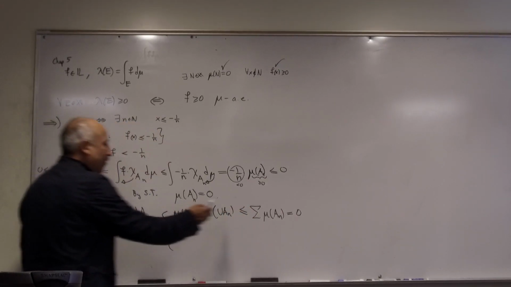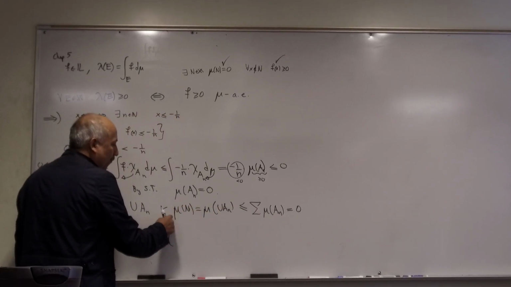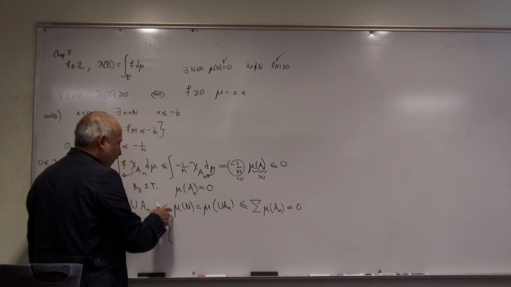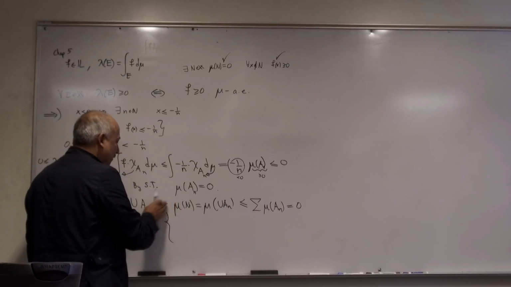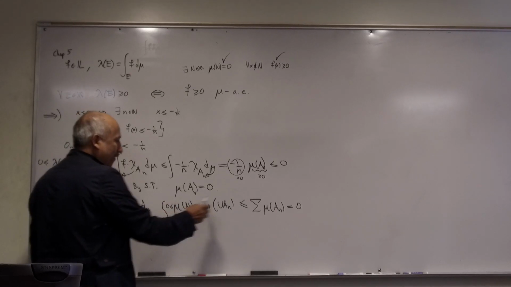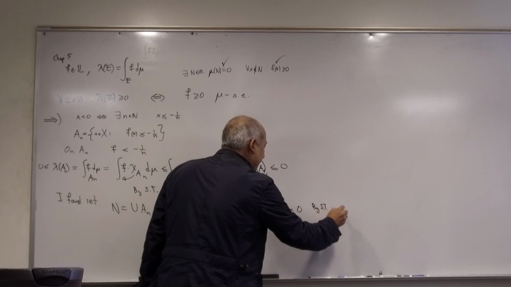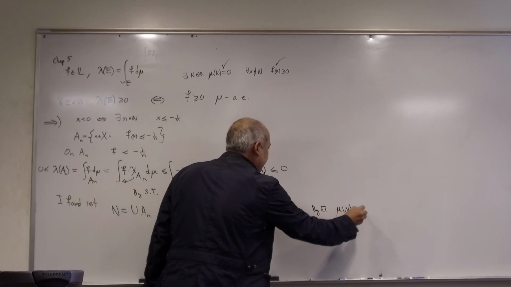So it doesn't matter. This is 0, that forces N to be 0. You see what I mean, guys? Therefore, the measure of N is greater than or equal to 0. By the squeeze theorem again, the measure of N is 0.